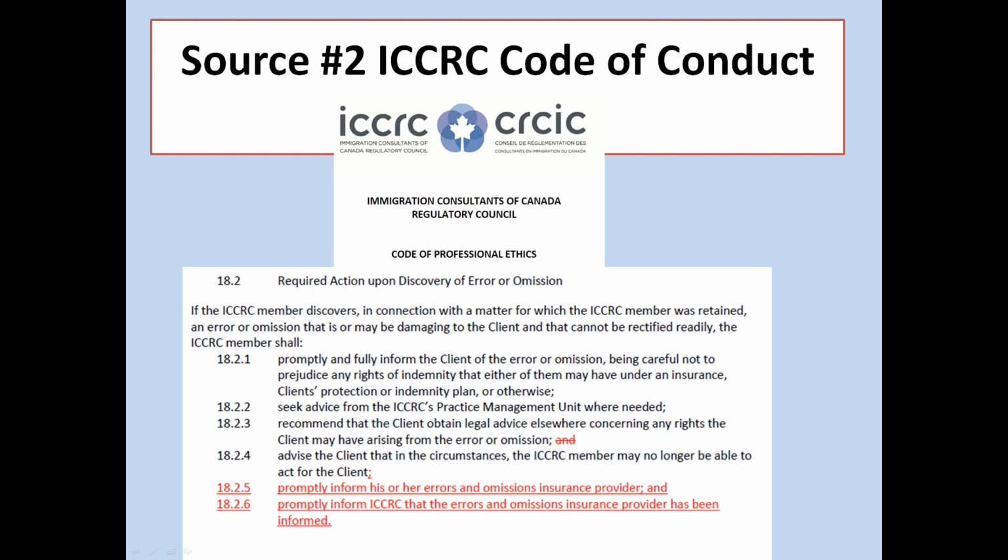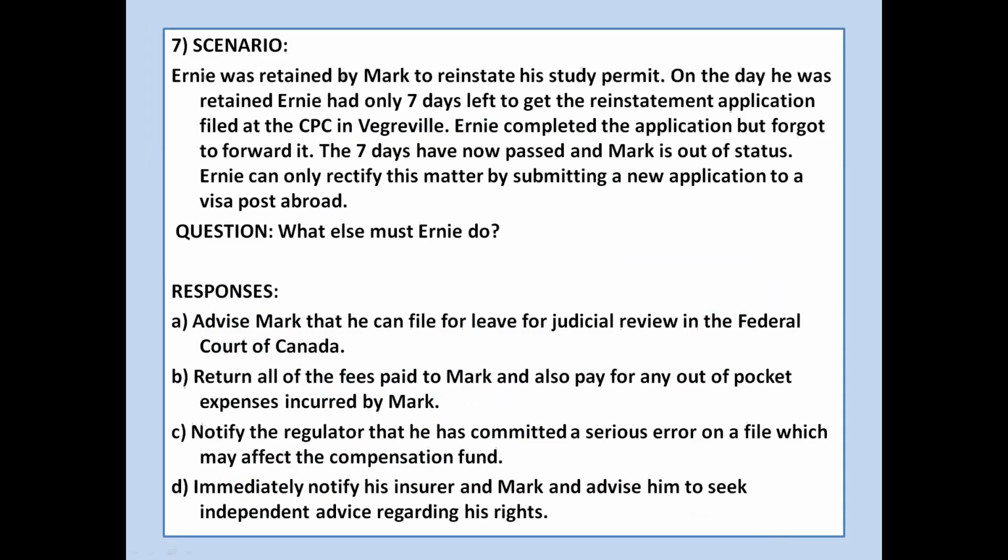And the newer ones, he has to inform the errors and omissions insurance provider, and then inform the ICCRC that the errors and omissions insurance provider has been informed. So when we go back to this question now, you could probably figure out the answer just from that.